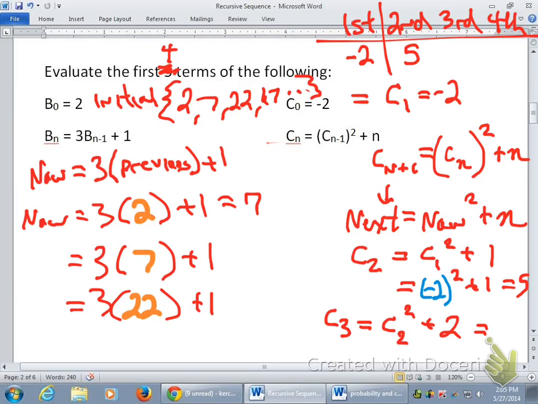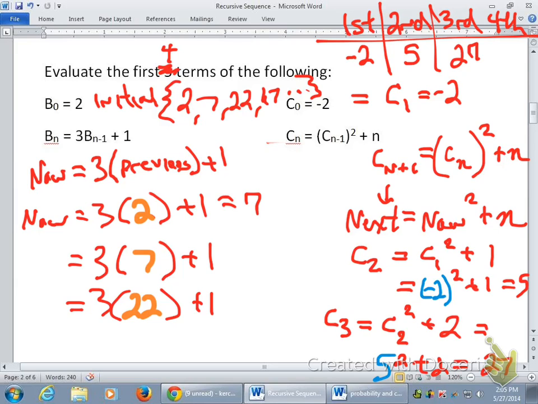What is C sub 2 again? C sub 2 was 5. I can look at my table, and that was a 5. So I've got 5 squared plus 2. That's 25 plus 2 is 27, right?